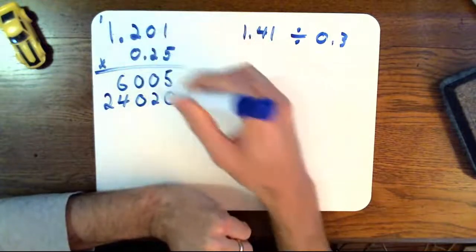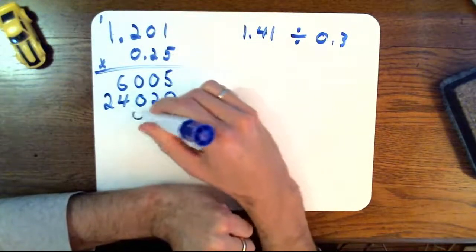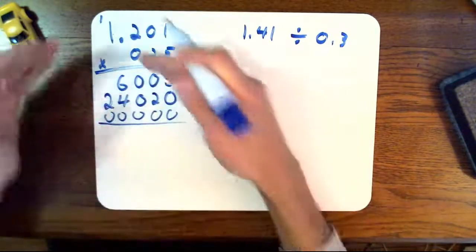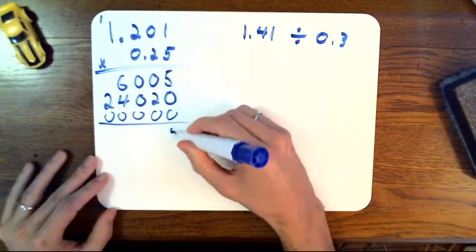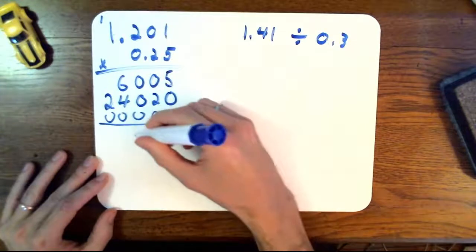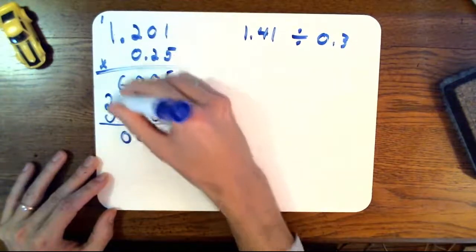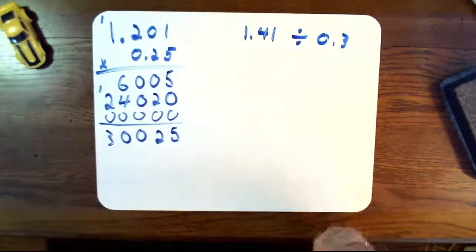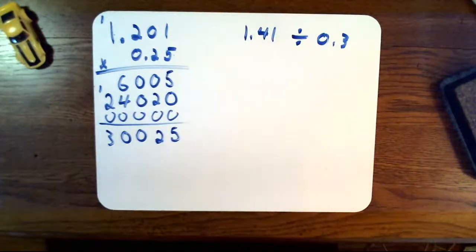And then 0 times all these things is just going to be 0, 0, 0, 0, 0. So now let's add all these up. 5, 2, 0. This is 10, so carry the 1. That's 3.